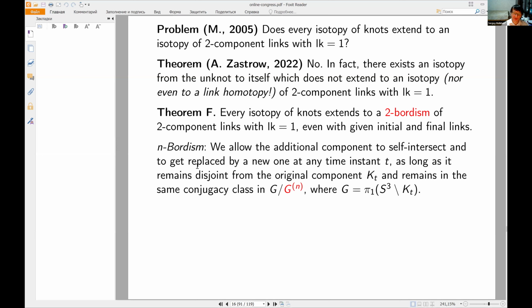Now we allow the additional component not only to self-intersect, but also to get replaced by a new additional component at any moment, at any instant of time, as long as it remains disjoint from the original component, the one which we had originally in our isotopy at this time instant, and also as long as it remains in the same conjugacy class modulo the nth derived subgroup.